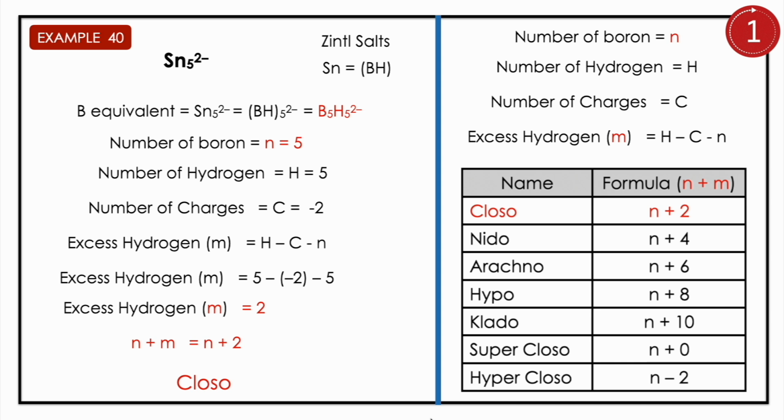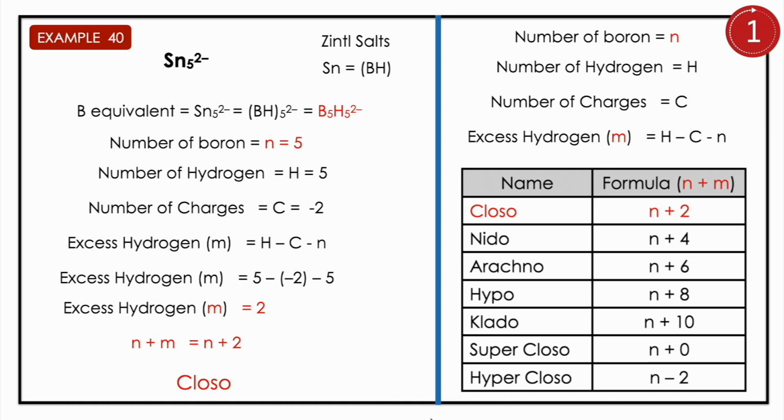Since the compound becomes simple borane, you can apply Wade's rule. First step will be counting the boron, which is 5, so N equals 5. Then hydrogen is 5, so H is 5. Then charge. The compound has minus 2, so C is minus 2.